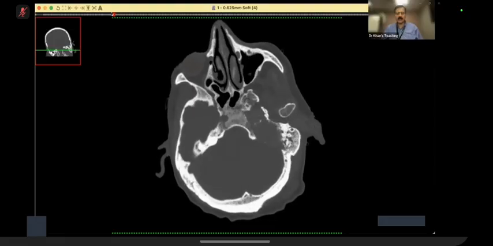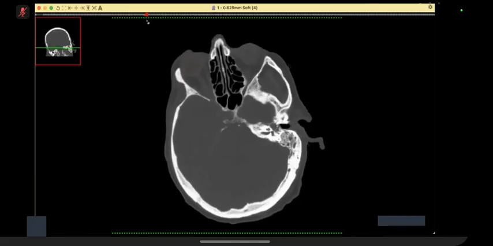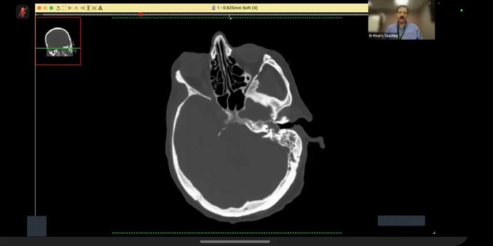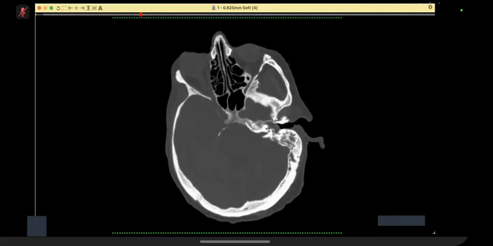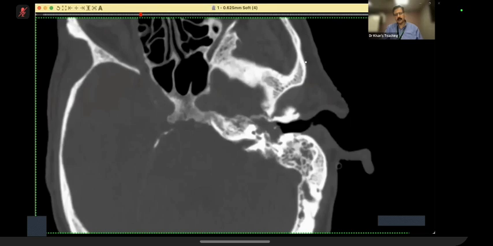Is the cochlea intact? Yes, I can see, this is the cochlea. Just one second. Don't move the mouse. Sure. Now here I'm focusing on the cochlea.